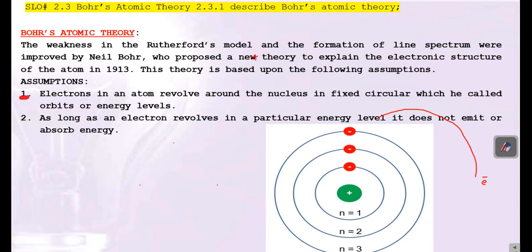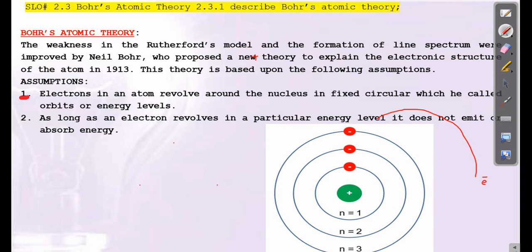He says that electrons move around the nucleus in a fixed energy, in a fixed circular path, which we call an orbit or energy level. And he says that when an electron moves in a circular orbit, its energy does not change. It means it does not radiate energy, it will not emit energy, it will not absorb energy.